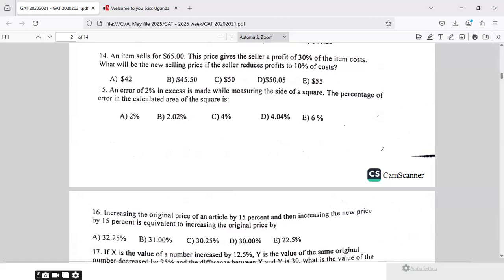Okay. So what we are going to do over there, first of all, we need to know the original cost. We need to find out the original cost of the product. An item sells at $65. This price gives the seller a profit of 30% of the item.